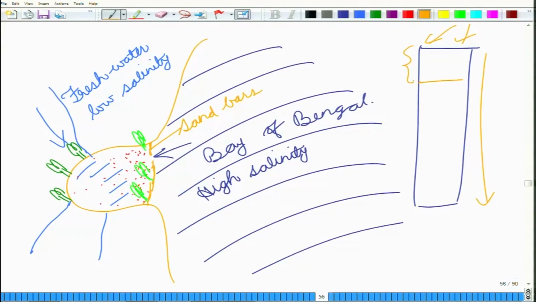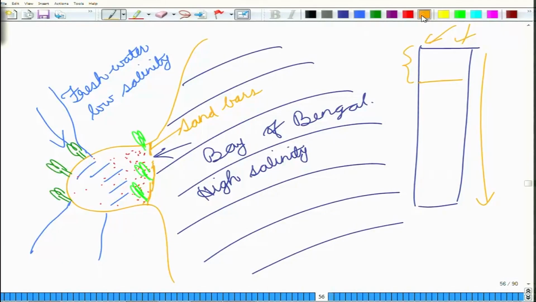Here, because the area is extremely shallow, most of this water column has sunlight, which makes it extremely rich photosynthetically. So, you have a lot of photosynthetically active radiation available in this area, which supports a very extensive plant life.